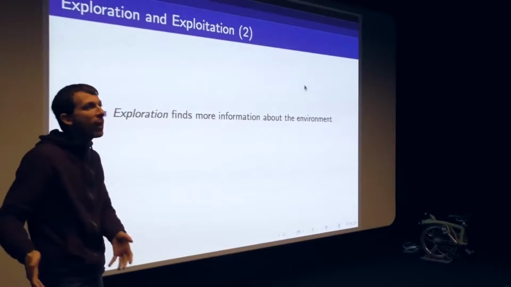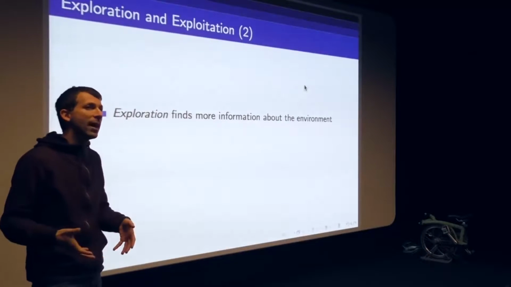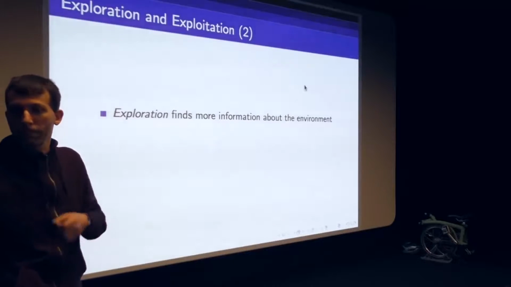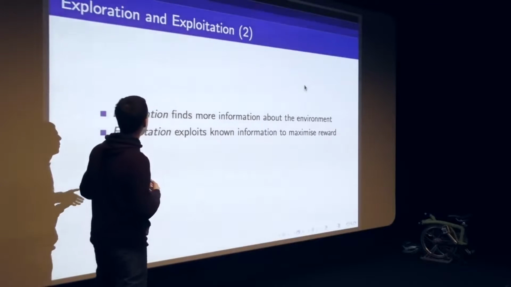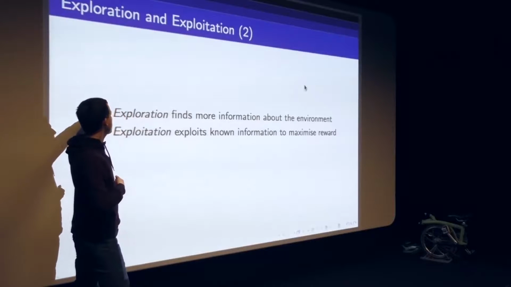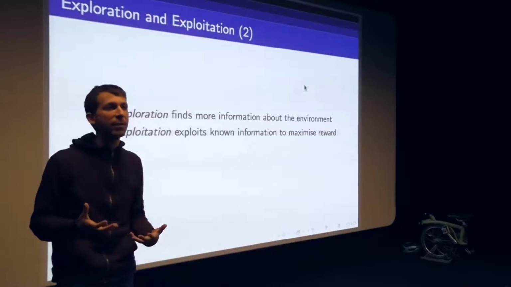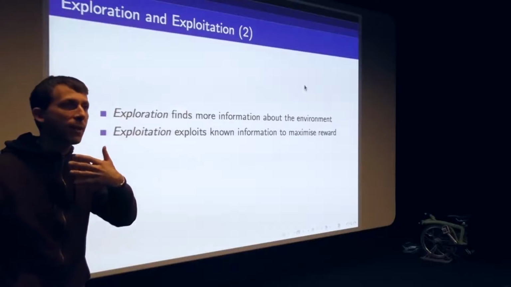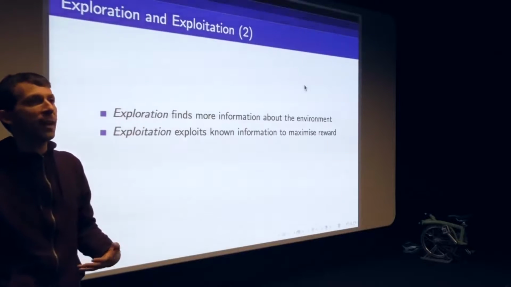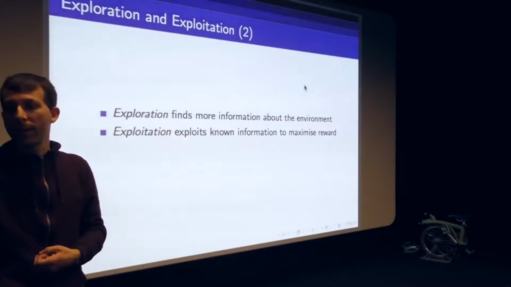And so maybe it's better to go right for a while, discover that there's a big treasure chest there, so that in the future you might end up getting a lot more reward in the long run. So we've got this balance between exploration and exploitation. Exploration: find out more about the environment. Exploitation means exploit the information you've already found to maximize your reward. It's the exploration-exploitation trade-off. It's universal to reinforcement learning and kind of special to reinforcement learning. It doesn't come up elsewhere in machine learning.